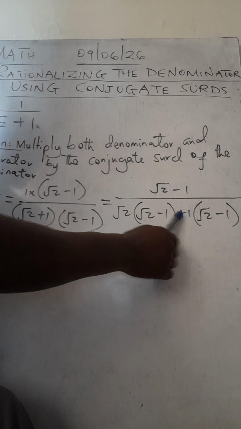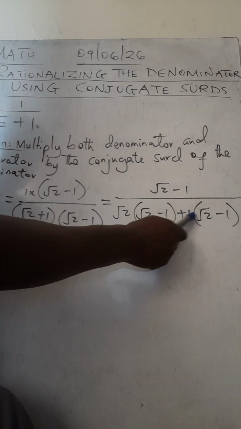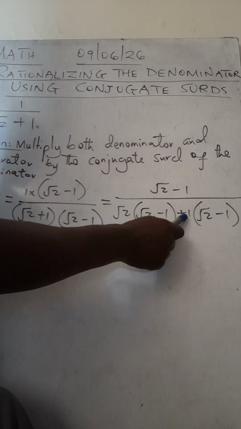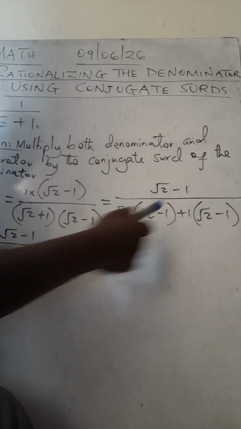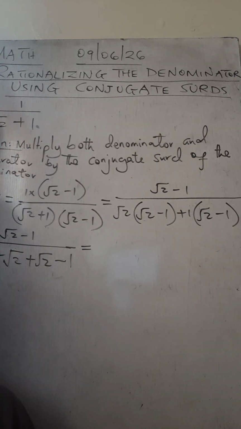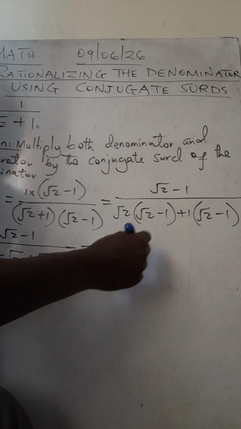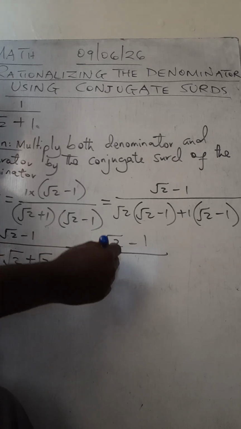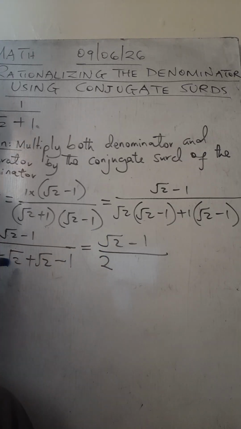Then we have plus 1 times root 2 is root 2. Positive 1 times negative 1 gives negative 1. So you have root 2 minus 1 over square root of 4 is 2. Now this and this are like terms, but one is positive and one is negative, and they are equal in magnitude, so they cancel each other.